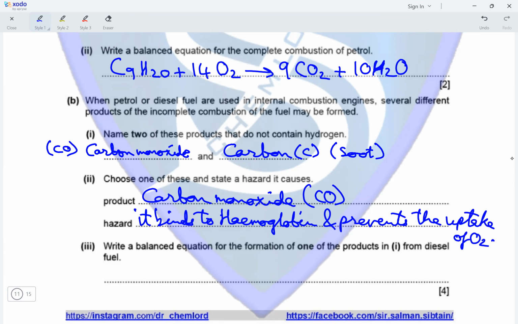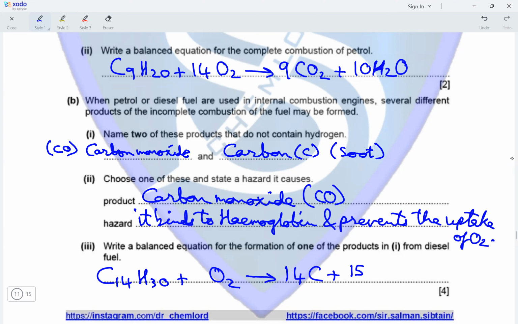Write a balanced equation for the formation of one of the products in part one from diesel fuel. So diesel is C14H30. So C14H30 when burned in oxygen. So we can have production of soot, which would be easier to make. So that would be 14 moles of soot or carbon, and we have 30 atoms of hydrogen.